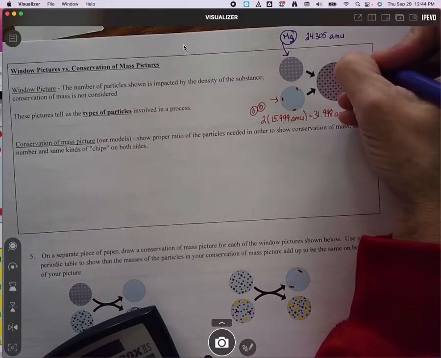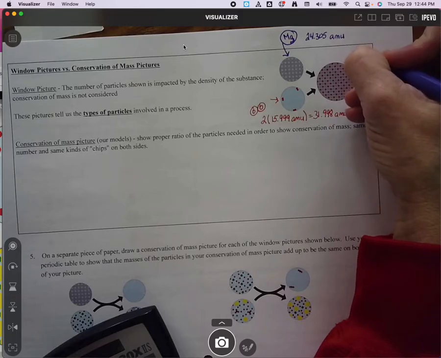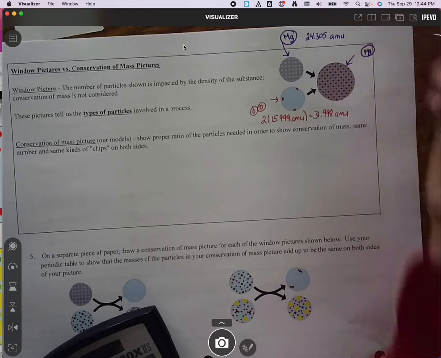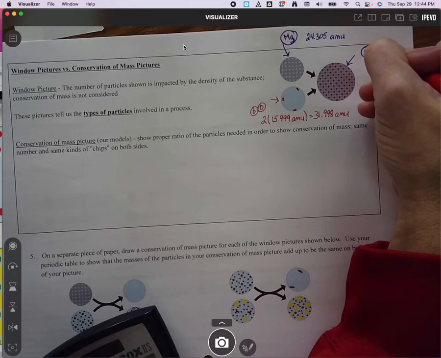And this window shows us that the new thing formed is a combination of magnesium and oxygen.